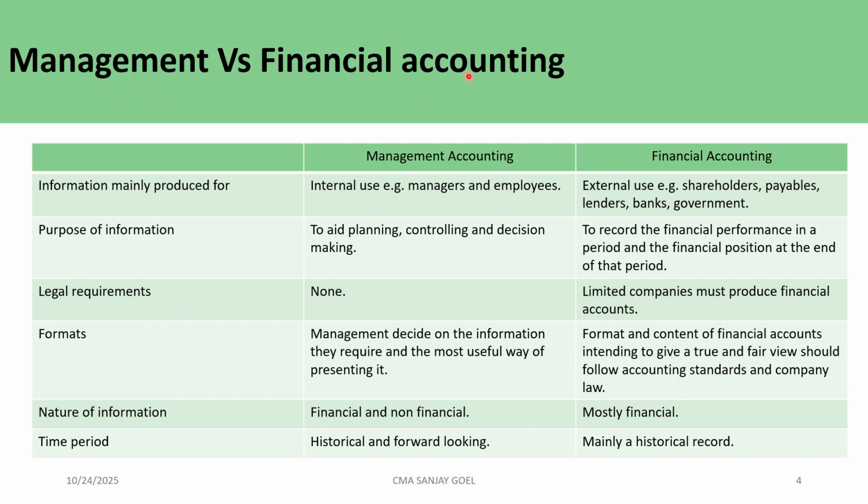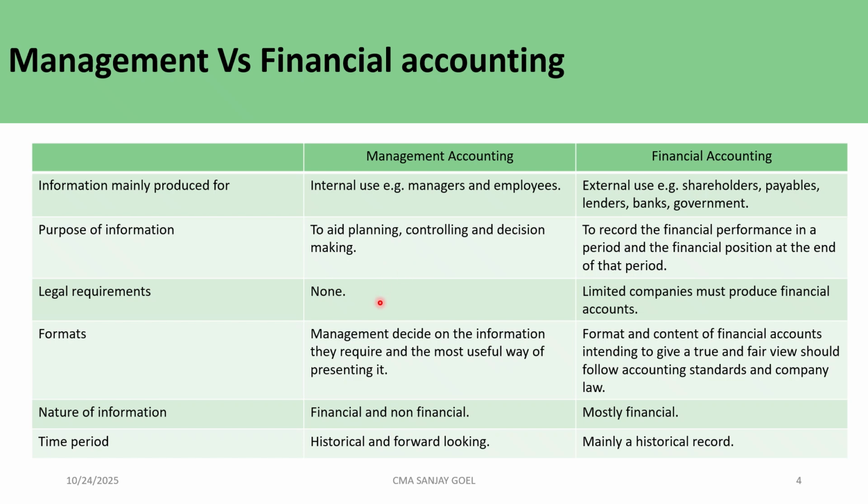What is management accounting? Compared with financial accounting, the areas we will cover are: who the information is mainly provided for, purpose of information, legal requirement, format, nature of information, and time period. Management accounting is for internal use, for planning, controlling, and decision making.